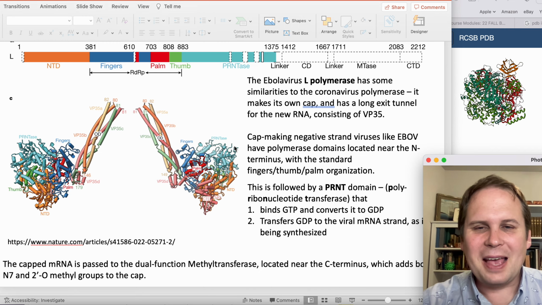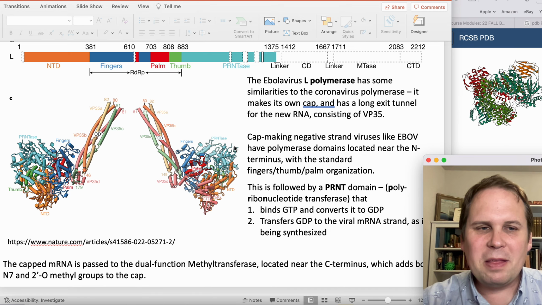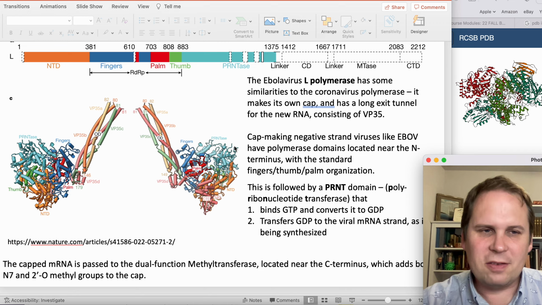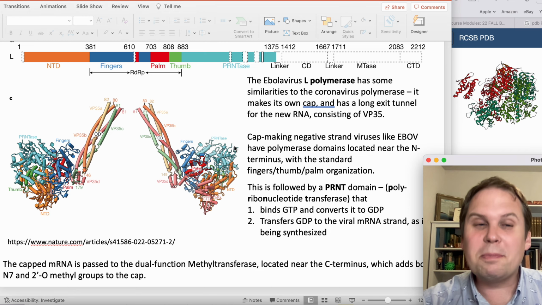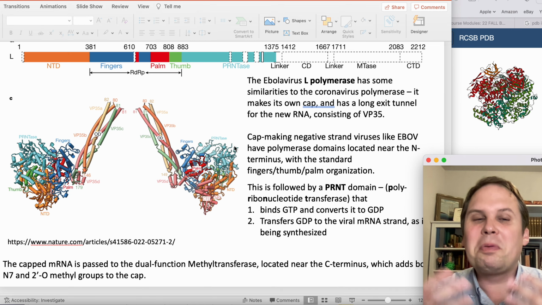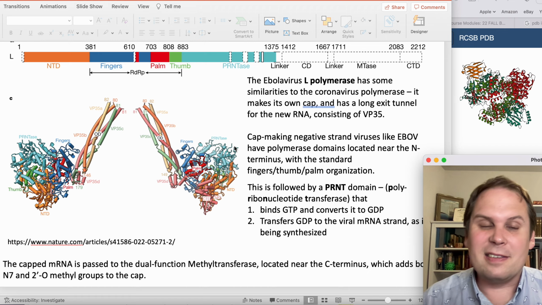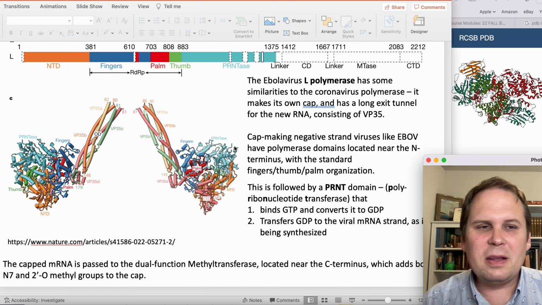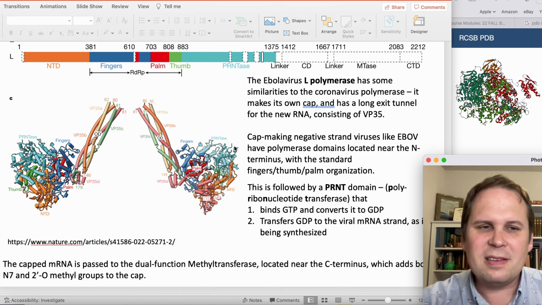What are the next steps of capping? Those are methylation, right? N7 methylation and 2' O methylation. Now, whereas something like coronavirus specializes, it has separate enzymes for each of these functions. Some of these viruses, like, I believe alphaviruses do it, and definitely Ebola viruses do it.